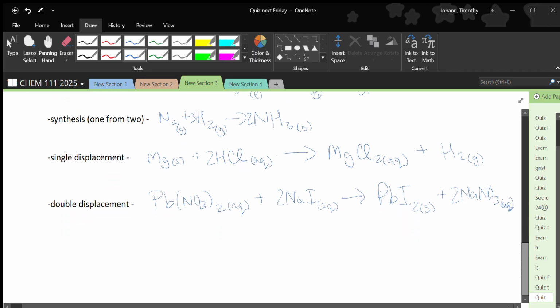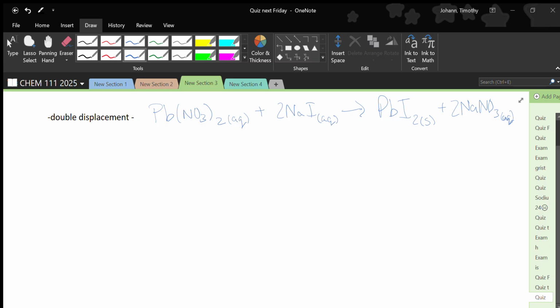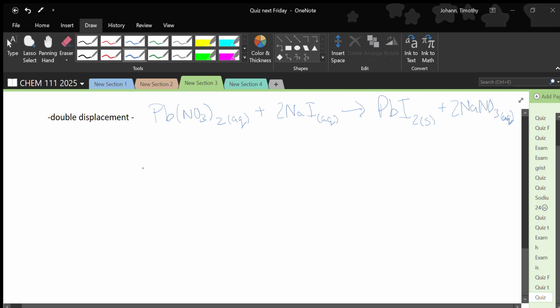So let me give you a couple. I'm going to write 4 reactions down, and I want you to classify them as single displacement, double displacement, synthesis, or decomposition. One of those 4. So you go ahead and classify them while I'm writing them down, and then we'll go over them. So we've got tin.